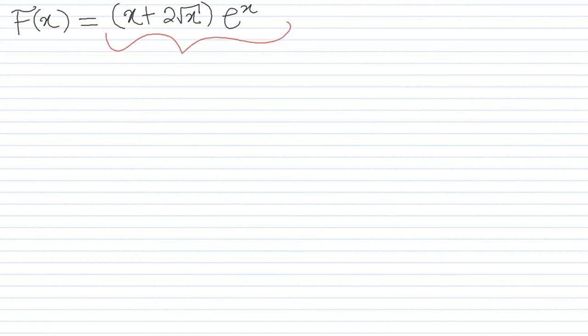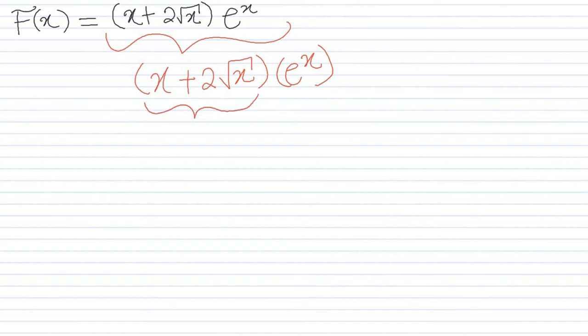The way you're going to know to apply product rule is, 1, if you're asked to apply the product rule, 2, if you can see that the function has 2 subfunctions. So in this case, the first subfunction is x plus 2 root x, and the second subfunction is e to the x.